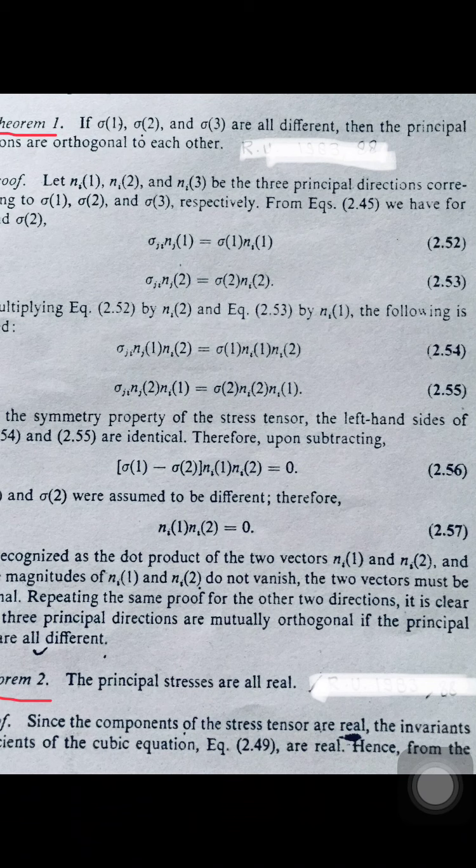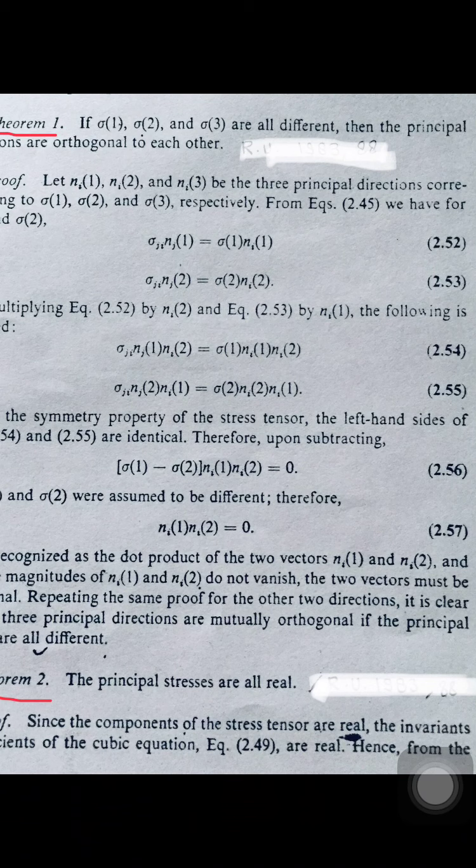The multiplication of two terms is 0, so either the first term is 0 or the second term is 0. But we already assumed that sigma 1 and sigma 2 are different, so their difference is not 0. So sigma 1 minus sigma 2 can't be 0. So ni1 nj2 must be 0.